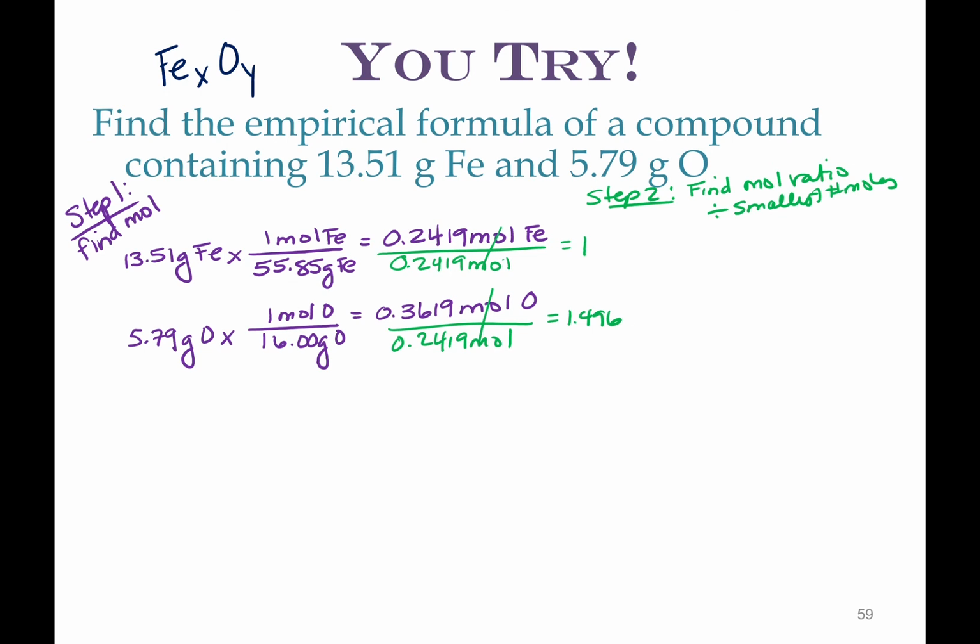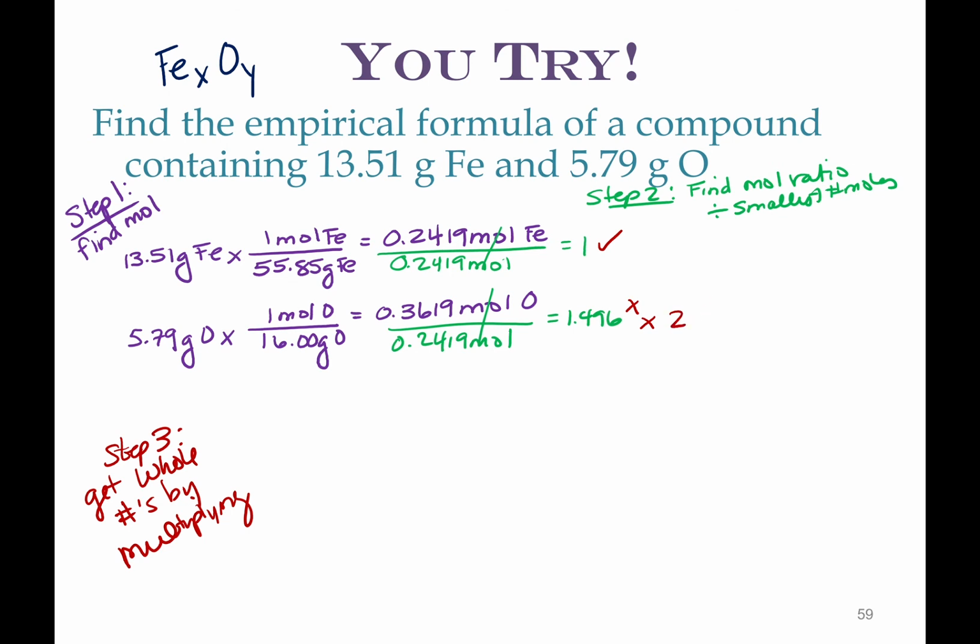All right, so step number 3 then. Get whole numbers by multiplication. Again, not always required, but in this case, we have a 1 and a 1.496. This one cannot be rounded. So trial and error would lead us to the right answer even the first time we do this.